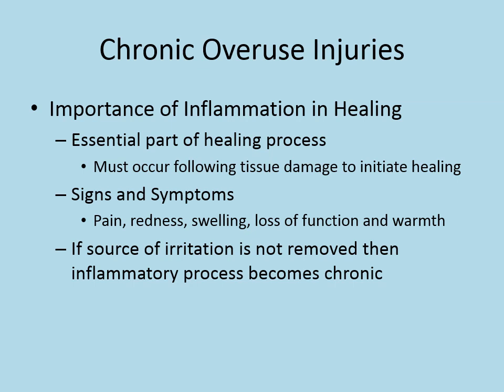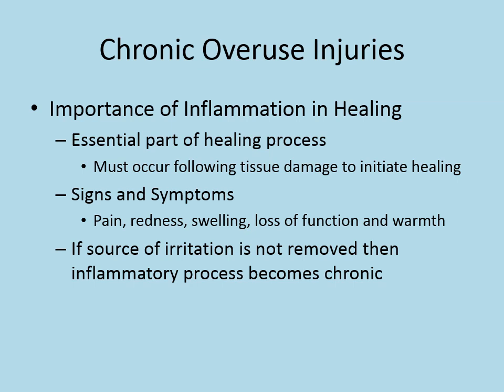The other thing that we will talk about is there's a difference between acute inflammation and chronic inflammation. Inflammation in and of itself is really important in healing. It's an essential part of the healing process, actually. And inflammation must occur following tissue damage to initiate healing. So when we're talking about inflammation, what that really means is what happens right after an injury.